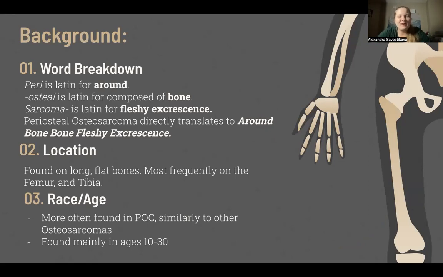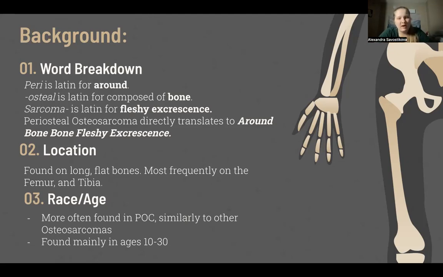Periosteal osteosarcoma directly translates to around bone, bone fleshy excrescence. So that again emphasizes what we talked about on the last slide, where the tumor and cancer itself is a layer above the bone and meets around the bone.